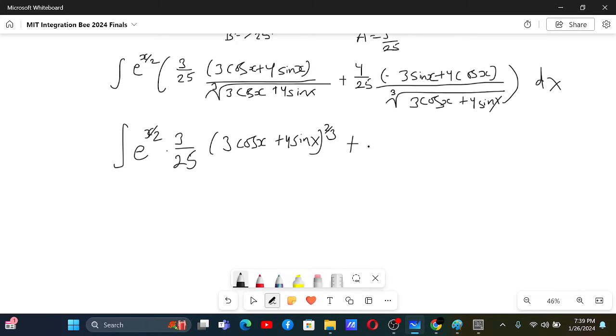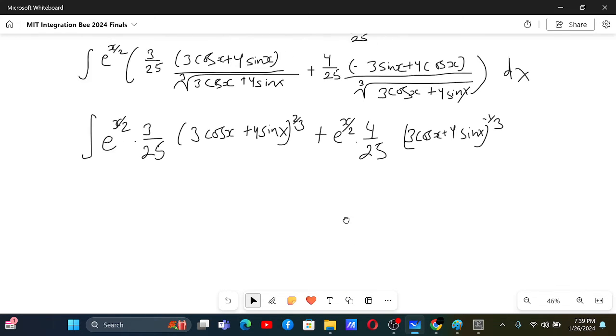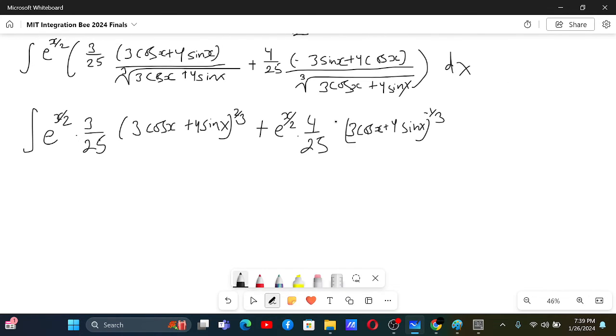In the same way, we have e to the power x by 2 times 4 by 25, and this can be written as 3 cos x plus 4 sin x to the power minus 1 by 3, and then the derivative, which is minus 3 sin x plus 4 cos x. At this point you begin to realize the form it is in.